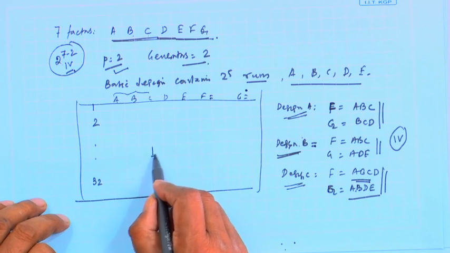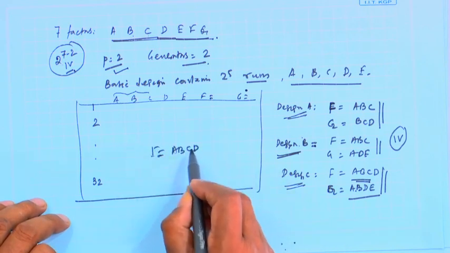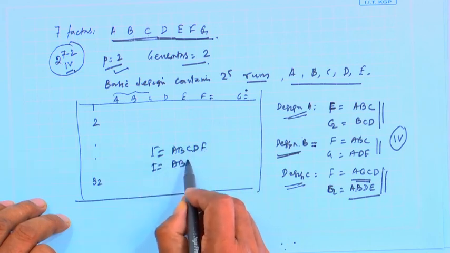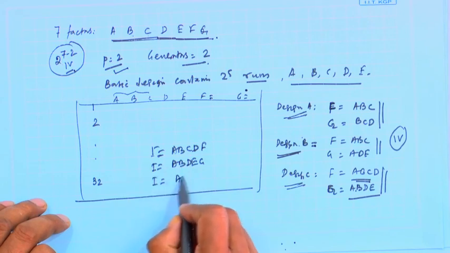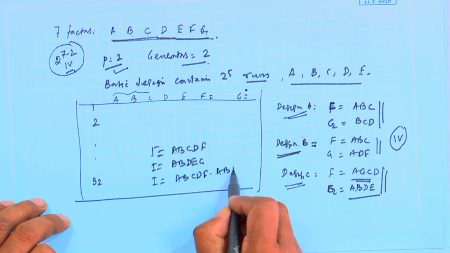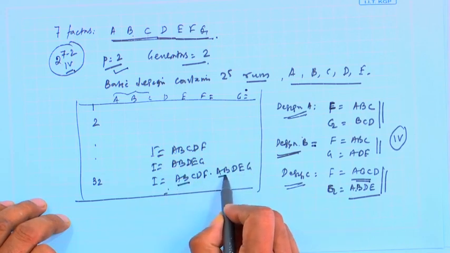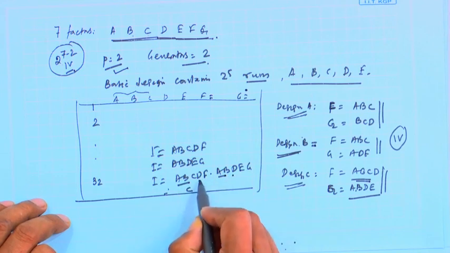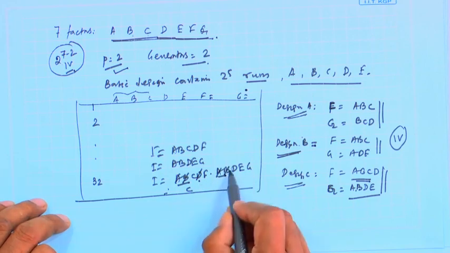Here I will be A, B, C, D, F, I will be A, B, D, E, G and I will be A, B, C, D, F into A, B, D, E, G. So, A, B will go, D will go. So that means C will be there, this, and this.